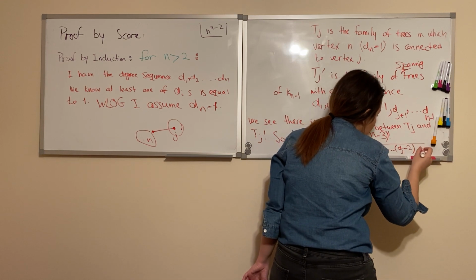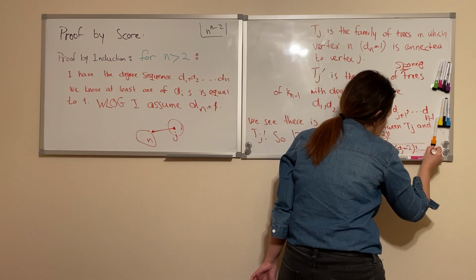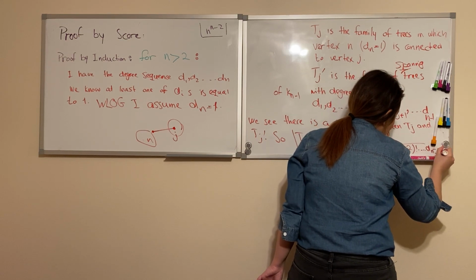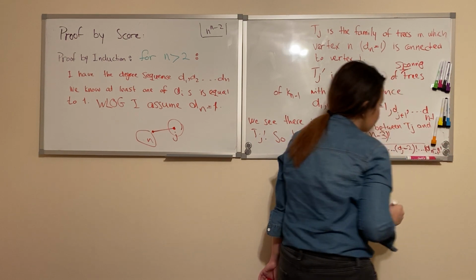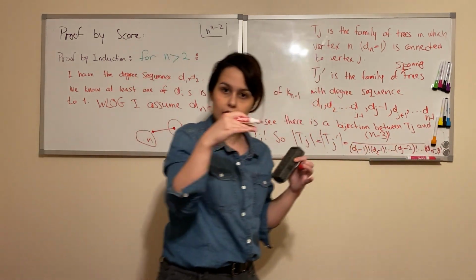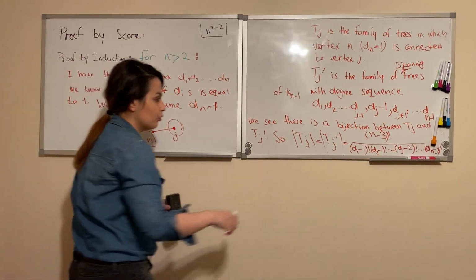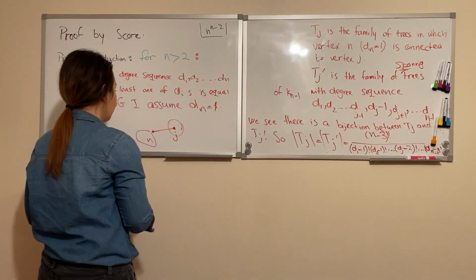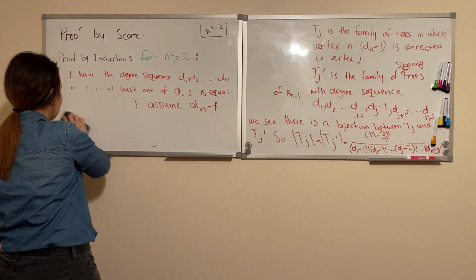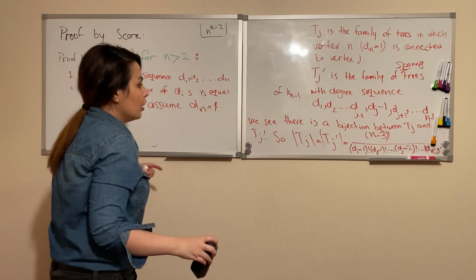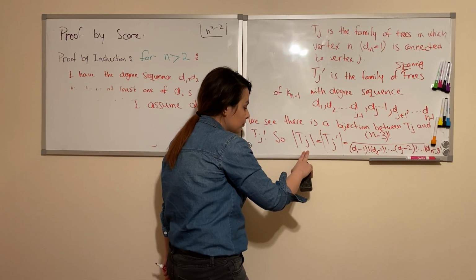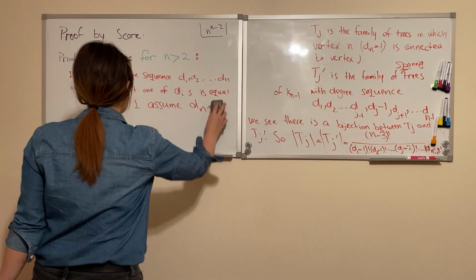So it will be d of j minus 2 factorial all the way to d of n minus 1, minus 1 factorial. The first minus 1 is for the index, but the second minus 1 is the one we use in front of each of these degrees. Okay, so far we know the size of Tj prime, and from that we know the size of Tj.